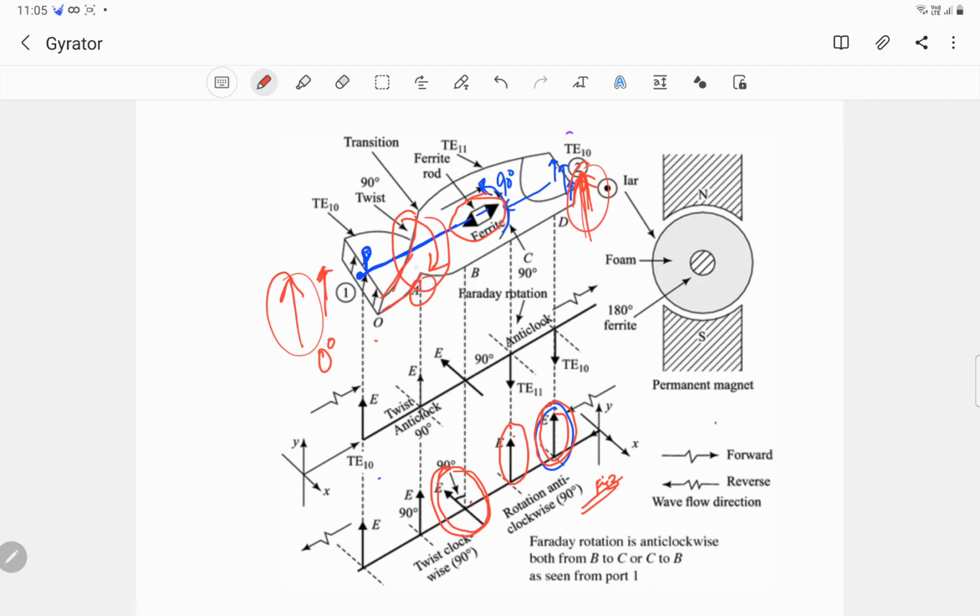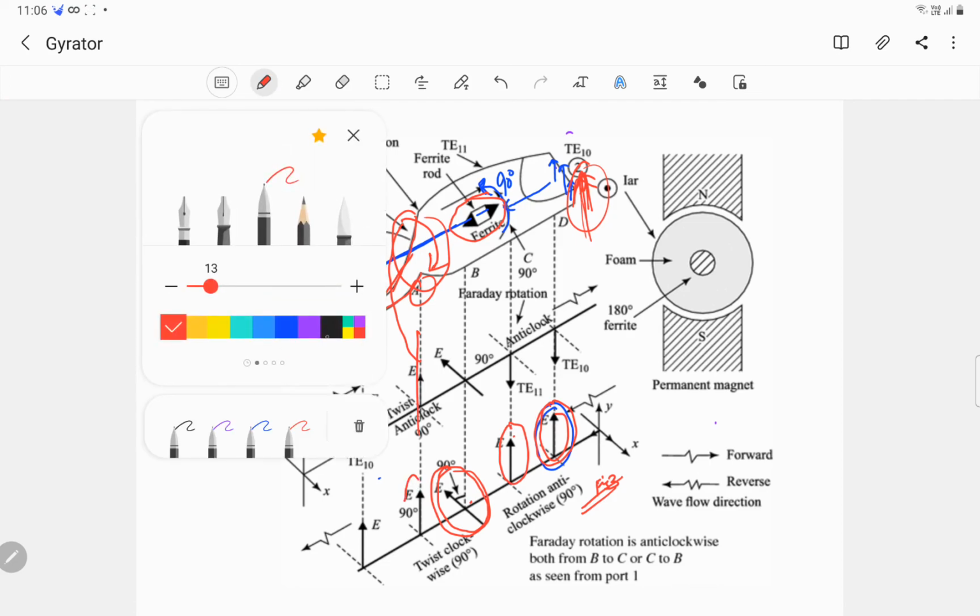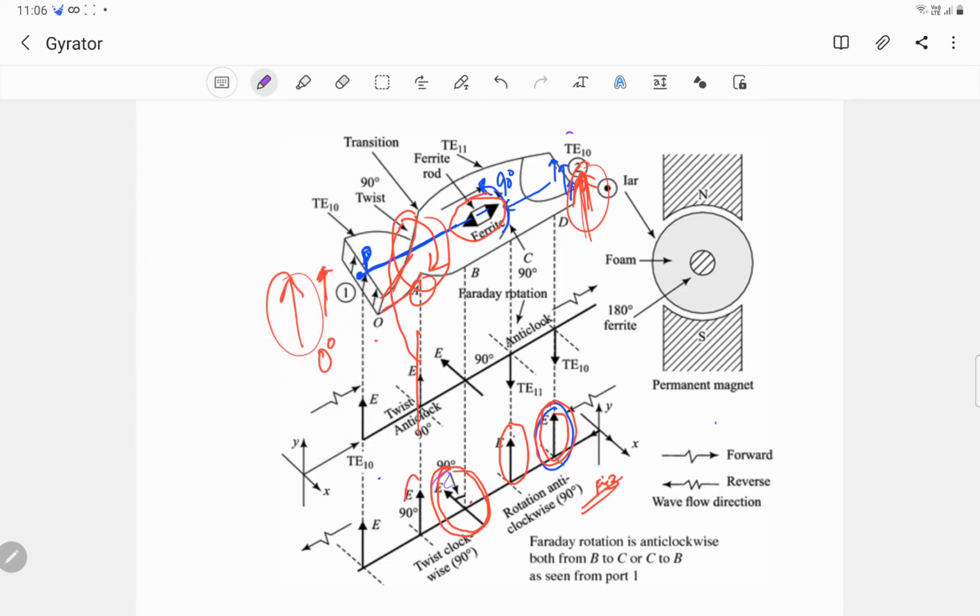And when it reaches the bend, we have again a 90 degree shift, so because of this shift it becomes vertically polarized again. So in the reverse direction, we have zero phase shift. In the forward direction, we have a 180 degree phase shift. And that's what a gyrator is all about.